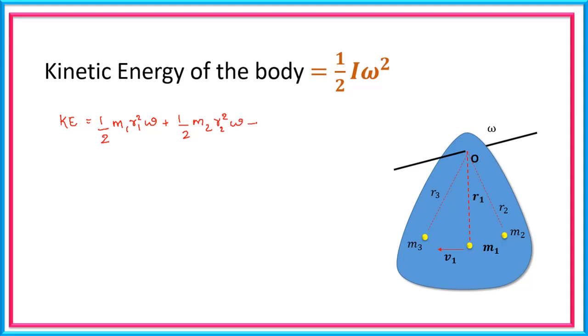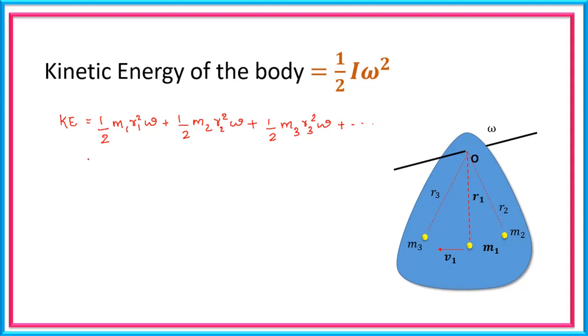Omega is constant for every part of the body. Also for a mass m3 I can write half m3 r3 square omega square, and several other masses located all over the body.